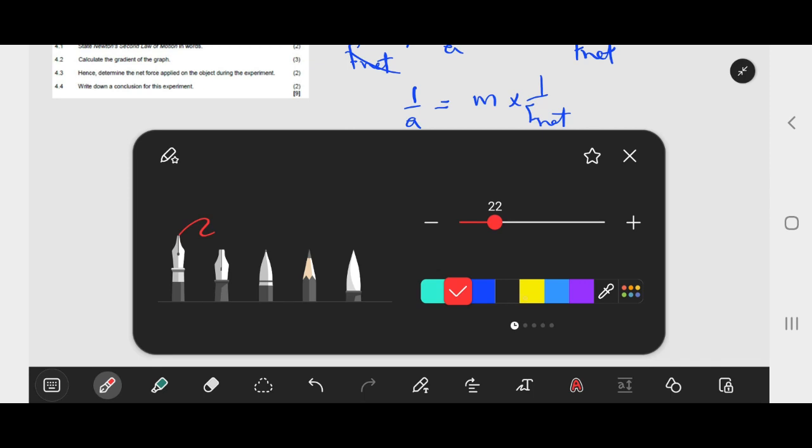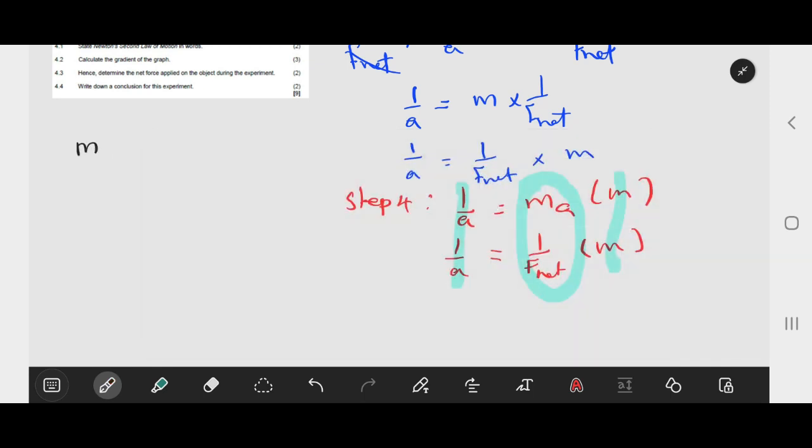And our gradient, we can see that that is equal to 1 over the net force. So for us to obtain that net force, we have to calculate our gradient and substitute our gradient there. So what is our gradient in this situation?